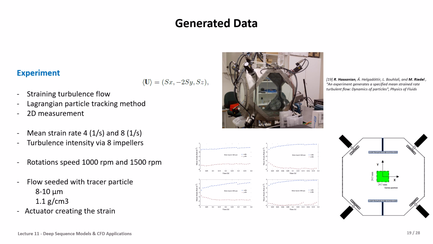In this study, tracer particles are used. Tracer particles are particles that have a density similar to water, so they can follow the streamline. We also have a specific term, the Stokes number, calculated for these particles to be sure that when they are seeded, they move with the streamline of the flow, which means that when we measure the properties of this particle, we are measuring the properties of the flow.